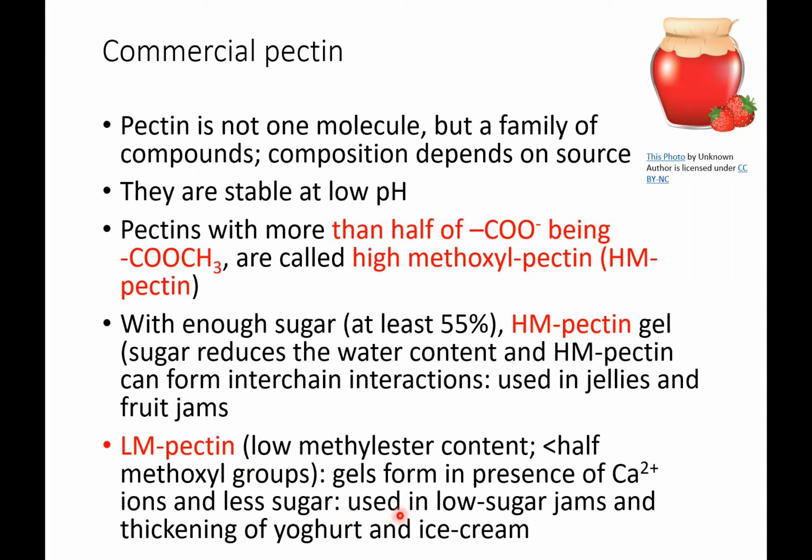For everything that is a little bit acidic, pectin is a good gelling agent. On the side, if you want to get medication into your digestive system, bypassing the stomach, you can wrap it basically in pectin, and pectin will survive the stomach pH. Just imagine that.